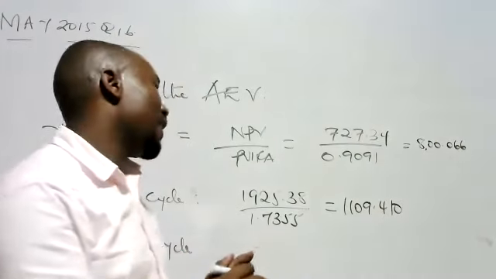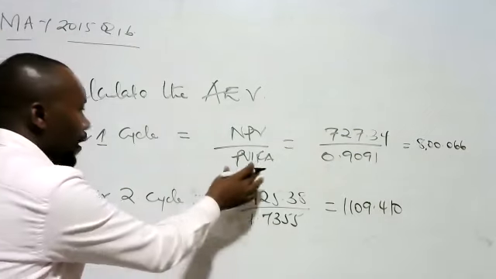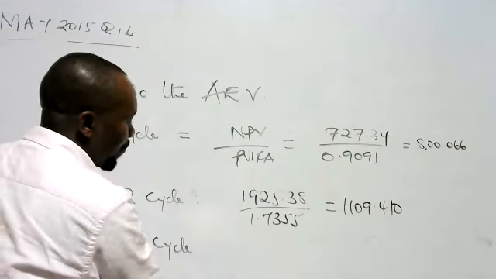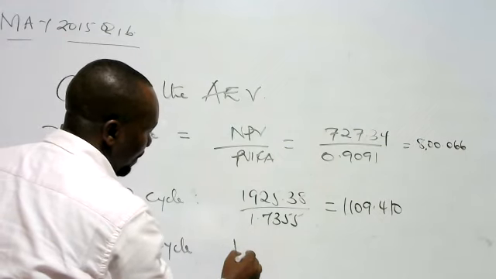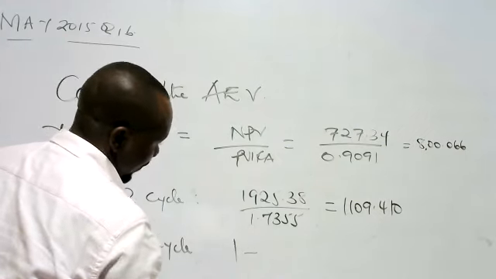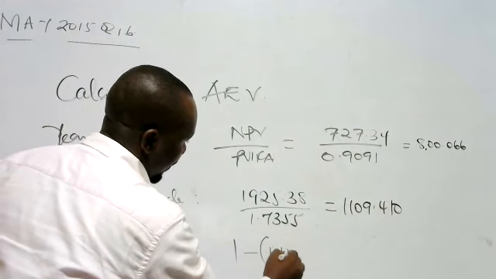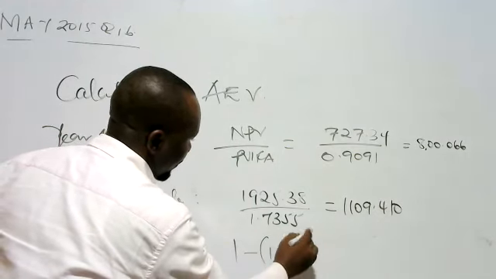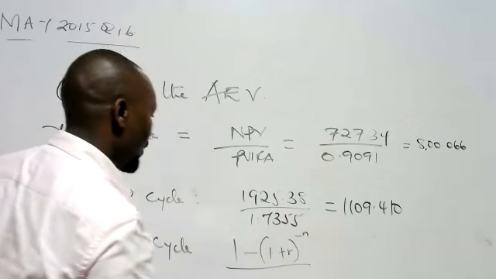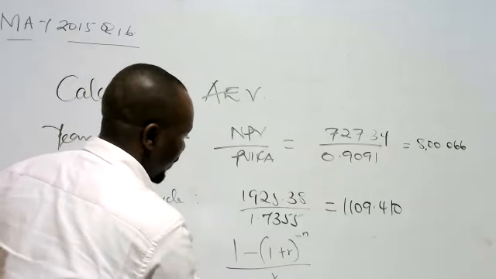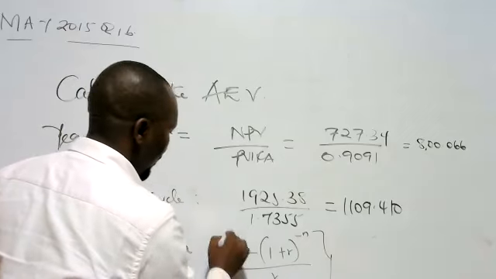Sorry, Melka. We are doing PVFA. So PVFA, the formula is different from PV. So use 1 minus bracket 1 plus R negative N, then all of these over R. I hope that is the formula.